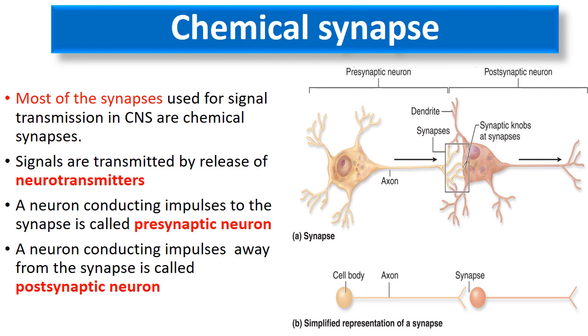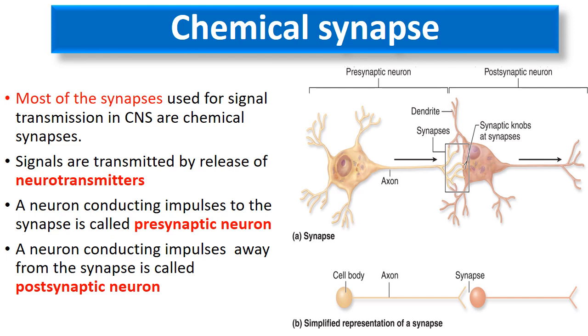Now you must understand the words presynaptic and postsynaptic. Before the synapse, the neuron is known as the presynaptic neuron. This neuron is capable of releasing the neurotransmitter in the synapse. The impulse is carried towards the synapse by this neuron, which is the presynaptic neuron.